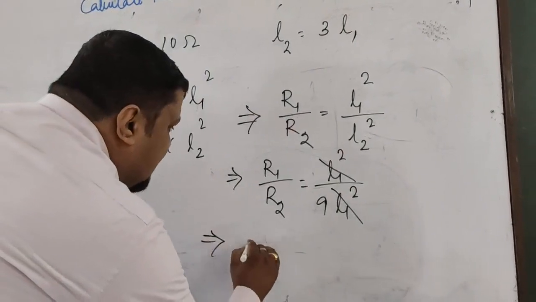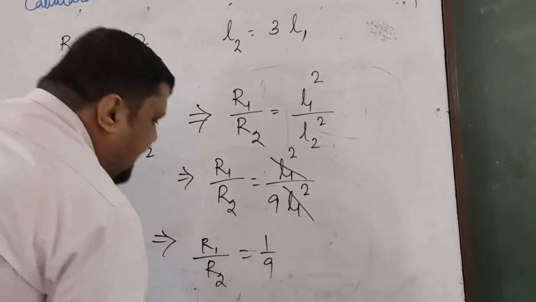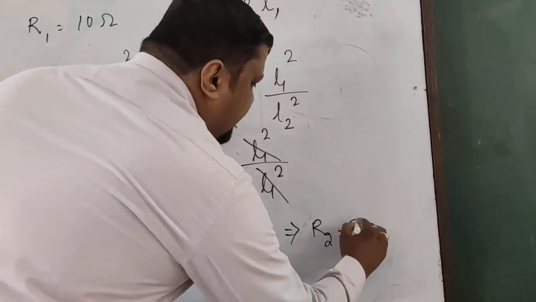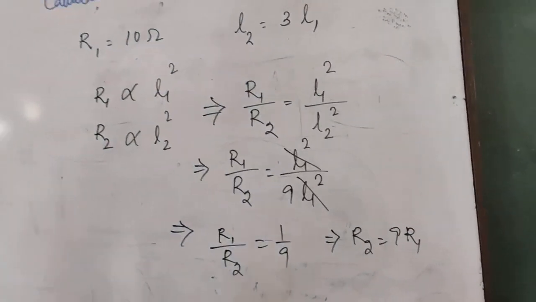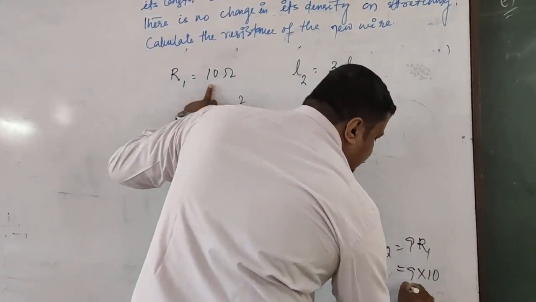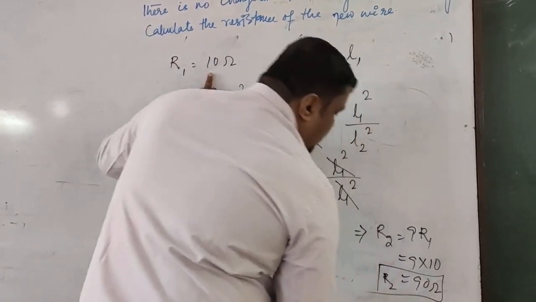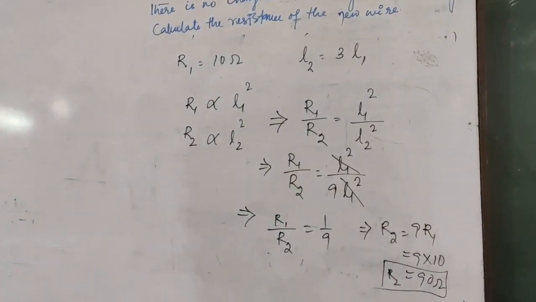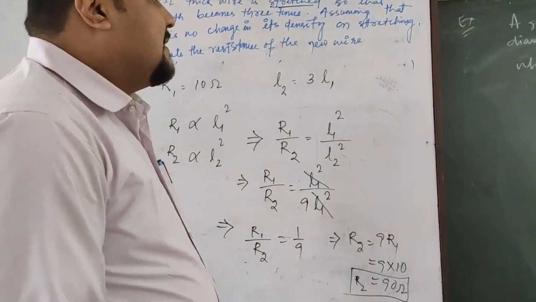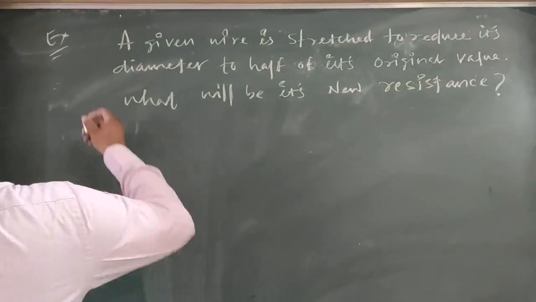This implies R1 by R2 is equal to 1 by 9, or R2 is equal to 9 into R1. R1 is given as 10 ohm, so 9 into 10 is equal to 90 ohm. R2 is equal to 90 ohm. So on stretching, you can use the formula R is proportional to L square. Clear?